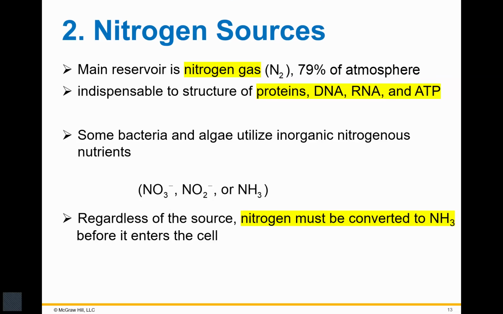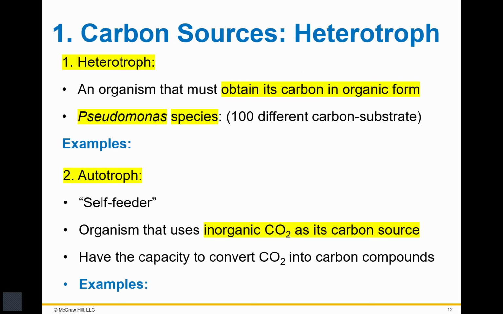Now, when you look at these two elements that we've talked about, some of these nutrients have been associated with diseases. So, for example, in the case of carbon, Pseudomonas aeruginosa species have been associated or linked with 90% of cystic fibrosis deaths. Now, in cystic fibrosis, you have the bacteria thriving in the lung area, and 90% of cystic fibrosis death cases have been associated with this particular bacteria.